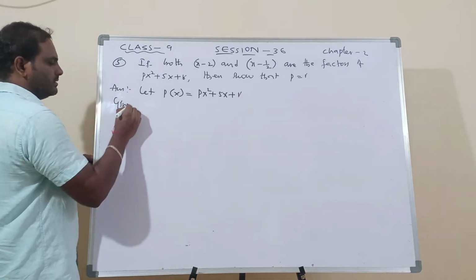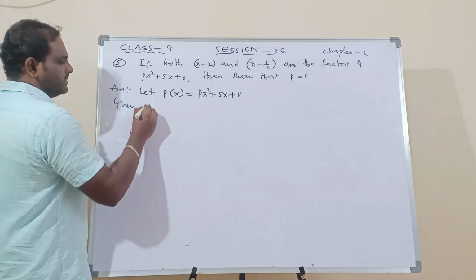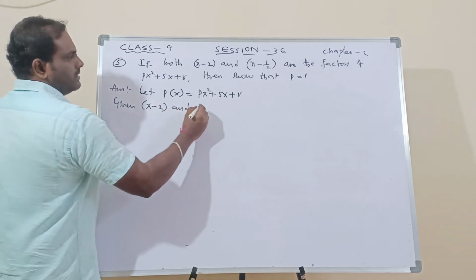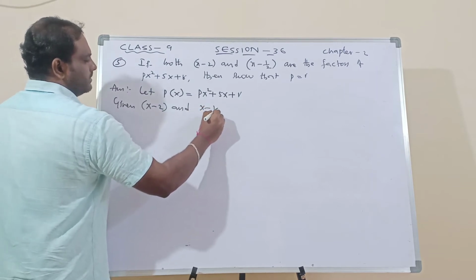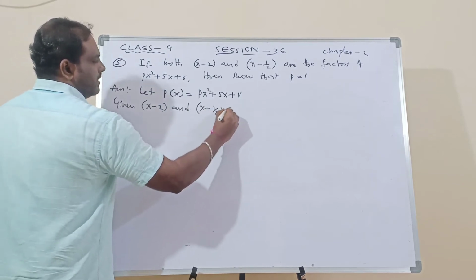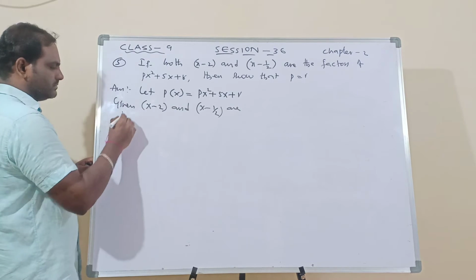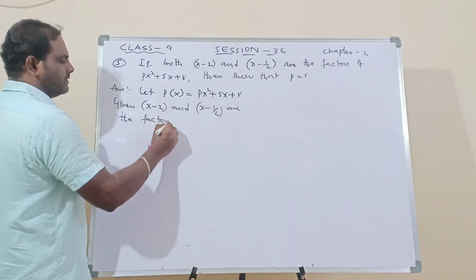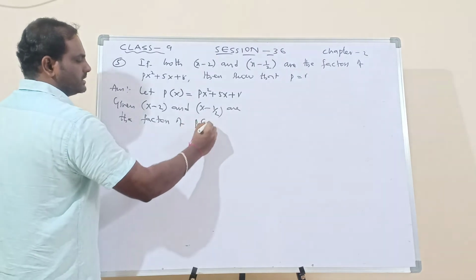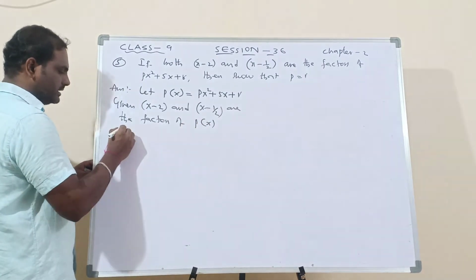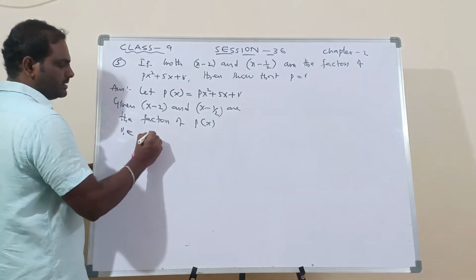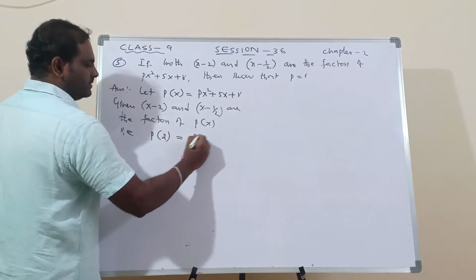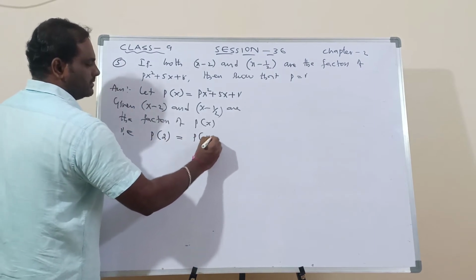Given, x minus 2 and x minus 1 by 2 are the factors of p of x. What we have to understand from this is p of 2 is equal to p of 1 by 2.